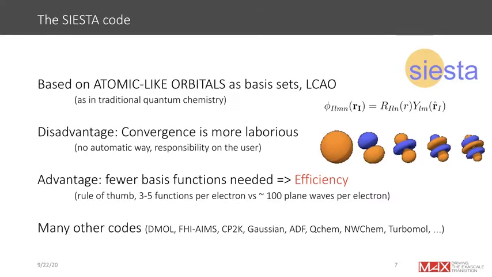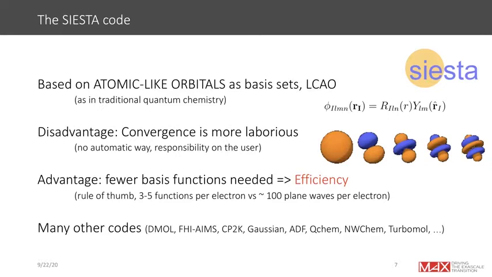Rule of thumb, as I have here, is that you may need of the order of 3-5 functions per electron for the calculations for which you would need of the order of 100 plane waves per electron. Since these numbers affect very much the sizes of the matrices you have to, for instance, diagonalize, that's going to impinge very clearly on the efficiency of the code.